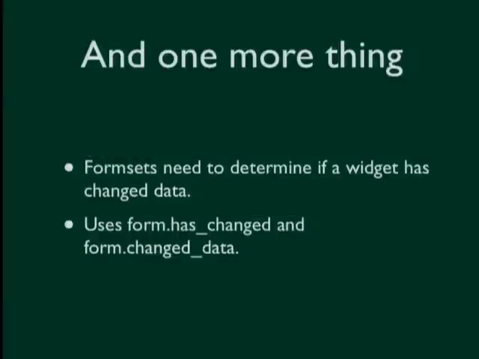And this is my little lame attempt at trying to have one more thing. One of the things that formsets need to be able to do is understand what data has changed in a particular form on a formset. So in the inline, it wants to know if data has changed there.